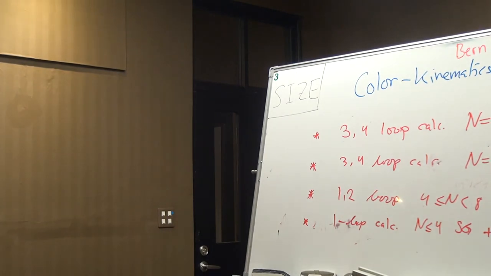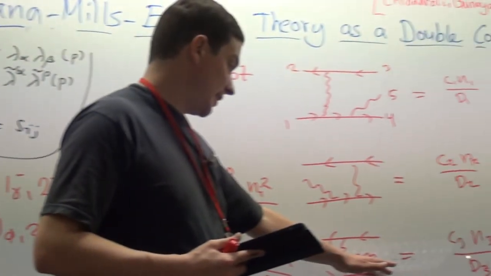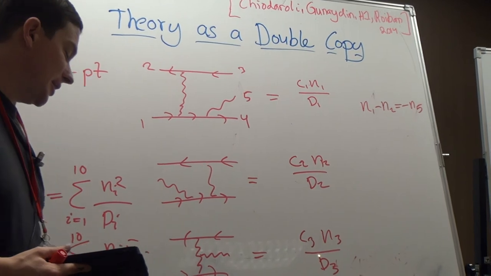If you add up all these diagrams in the hard limit, where these legs are hard, exactly like drawn, then the answers that you get for gravity and QCD are related exactly.